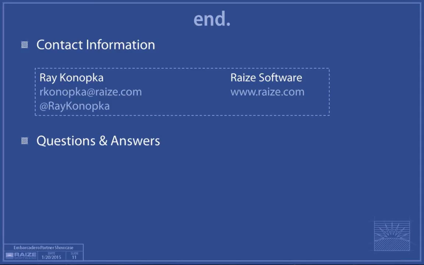Sure. So Alex is asking, he's got old Delphi 7 projects he has to maintain, and can he use CodeSite with Delphi 7? So one of the things that we do with the support of our products is that we will drop support for older versions of Delphi and C++Builder as we move forward.